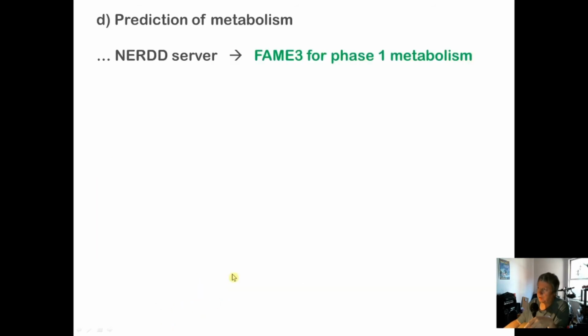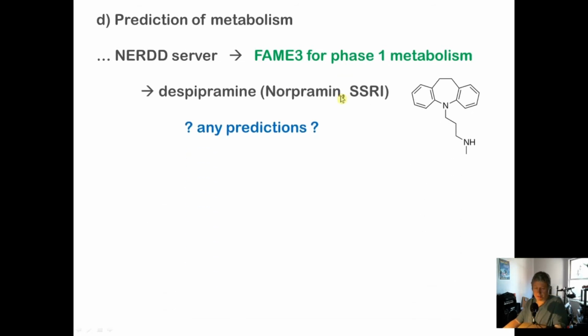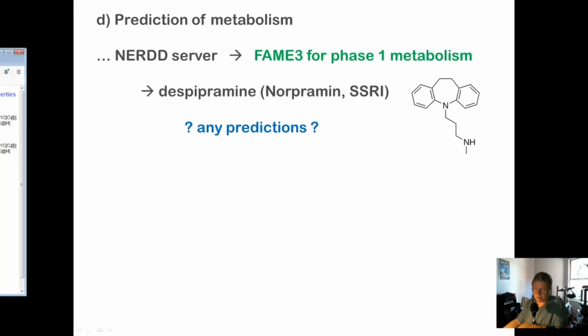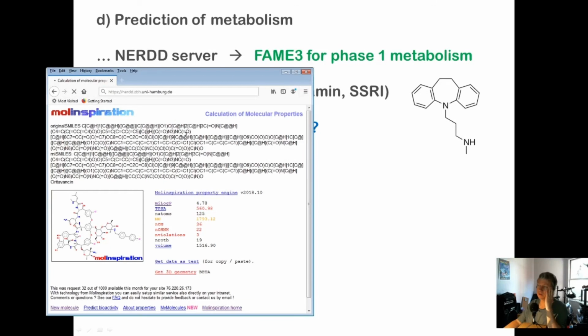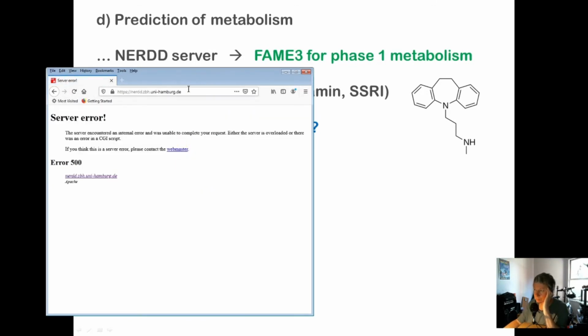Okay. So let's check out FAME3 for phase 1 metabolism, and this is all the site of metabolism. All right, so let me see here. Let's open up a web browser. Let's go to the NERD server. Uh-oh, didn't work.